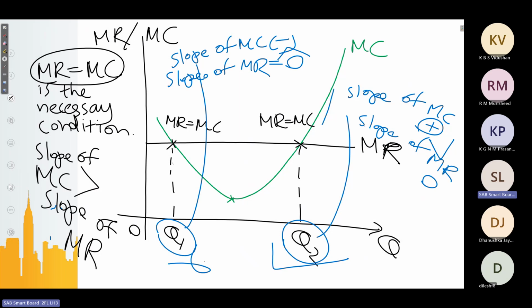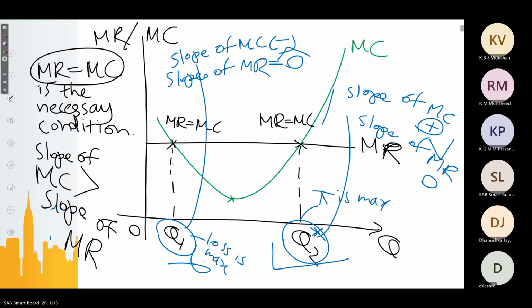So this is where loss is maximum. This is where profit is maximum. Profit is maximum at the Q2 level. We can call it Q star. Got it?